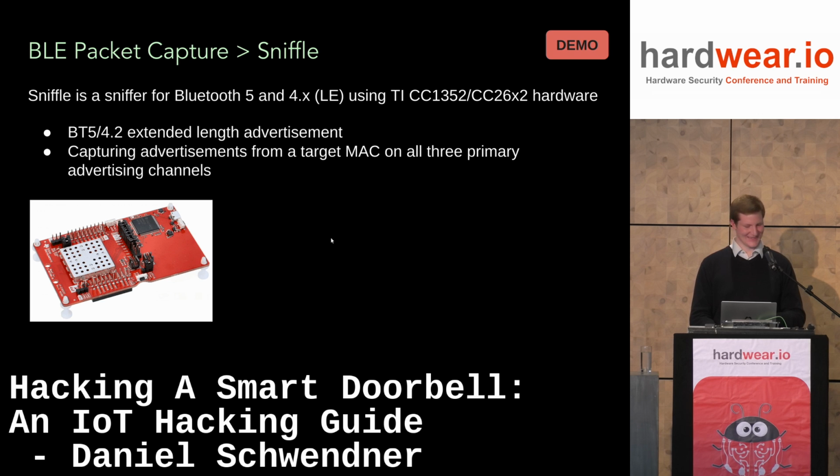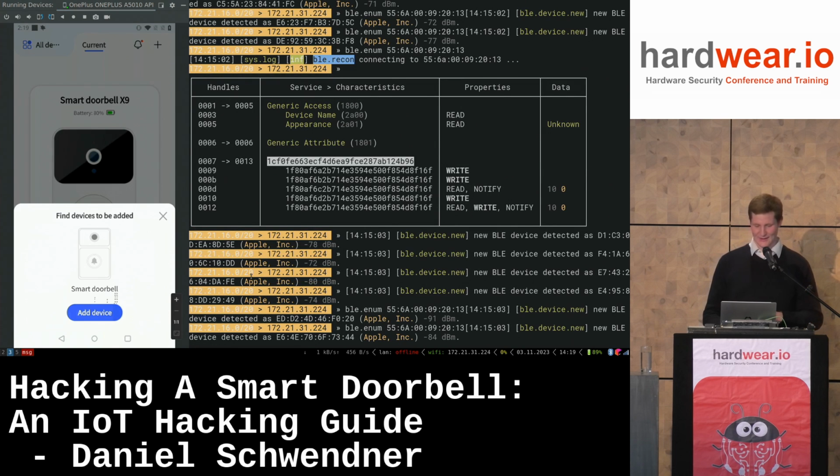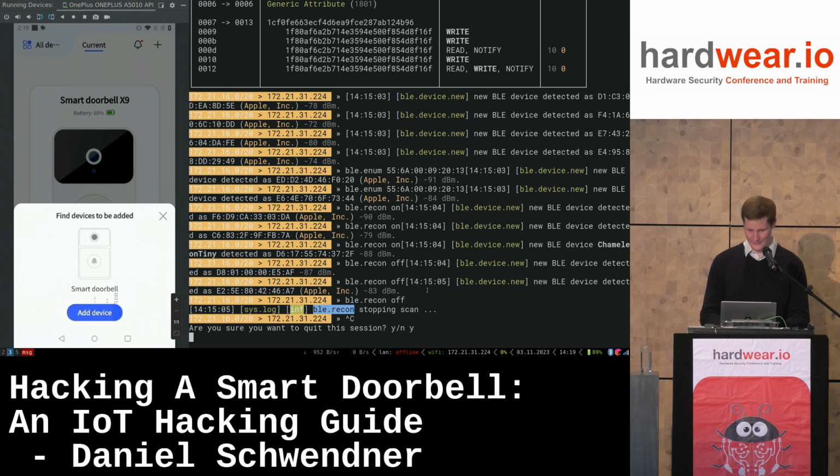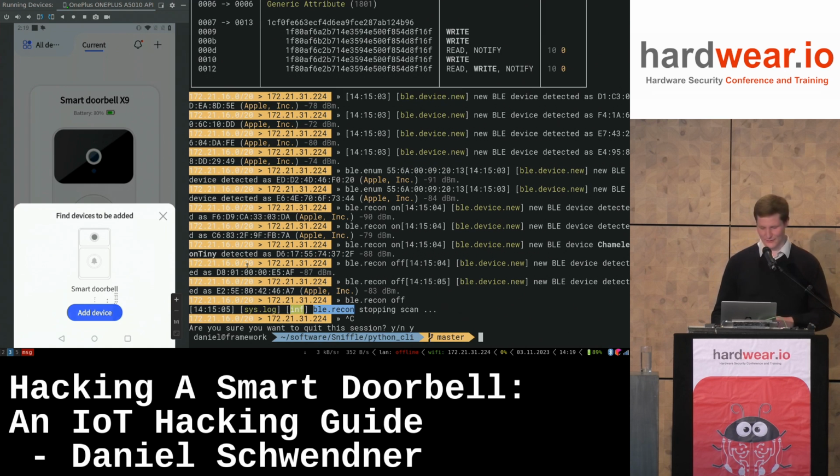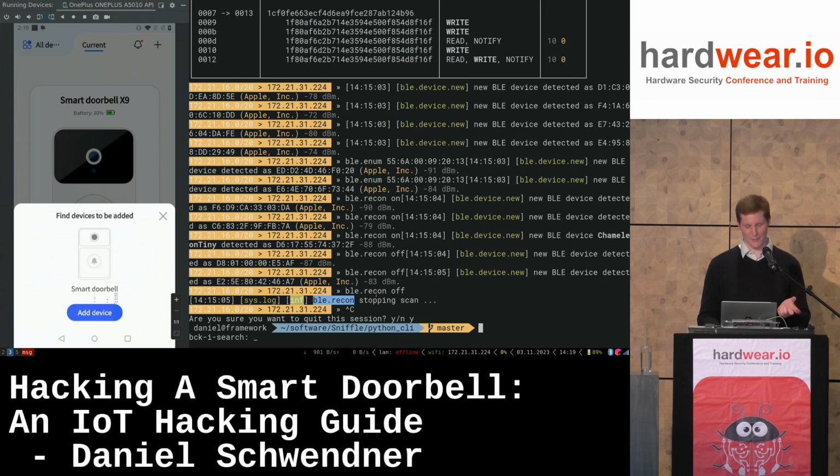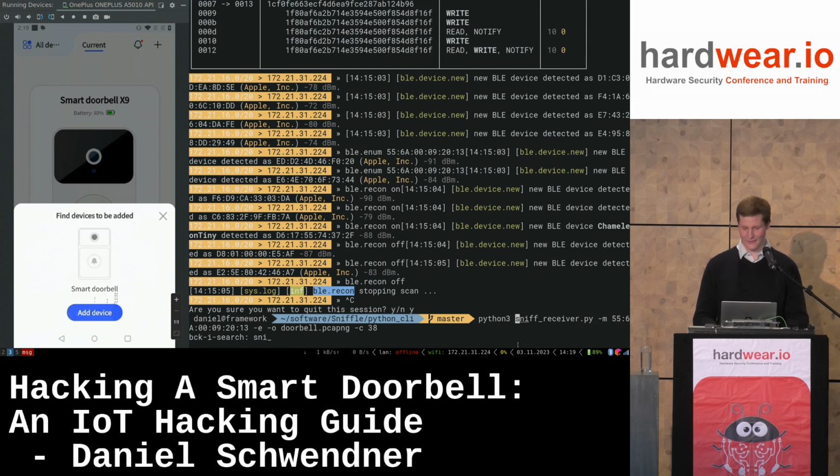And yeah. So what can we actually capture now? I want to do this as a live demo. So let's see if it actually is working. First of all, for Sniffle, we have a Python CLI. So we can just launch the sniff receiver.